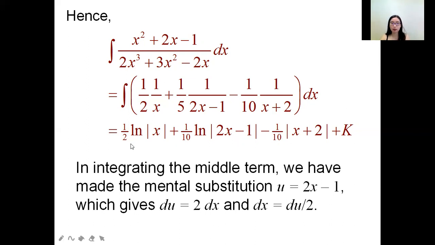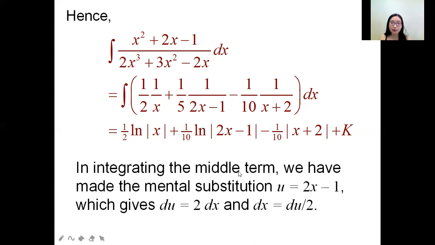So solving that integral using the basic integral formulas or properties, now we have 1/2 ln absolute value of x plus 1/10 ln absolute value of 2x minus 1 minus 1/10 ln absolute value of x plus 2 plus c.